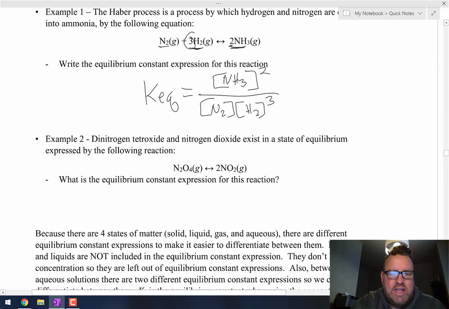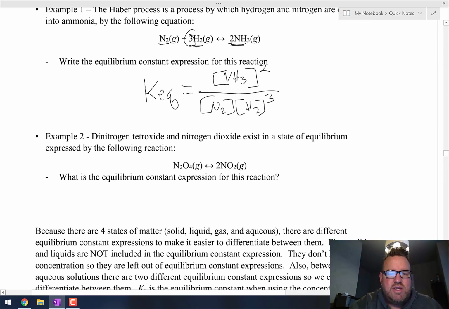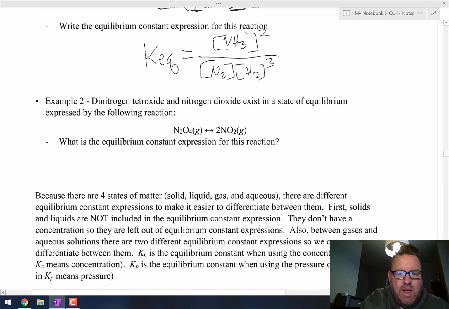Then example 2. It says dinitrogen tetroxide and nitrogen dioxide exist in a state of equilibrium, expressed by the following reaction. What is the equilibrium constant for this reaction? So KEQ is going to equal the concentration of the products.